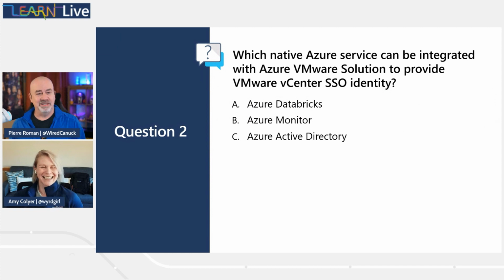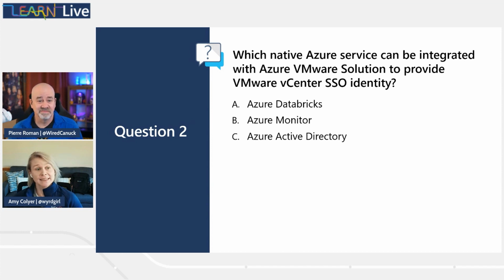Which native Azure service can be integrated with Azure VMware Solution to provide VMware vCenter SSO, single sign-on identity? Is it A, Azure Databricks, B, Azure Monitor, or C, Azure Active Directory? Well, I would think it's one of those services you mentioned, that you bring your environment in and then you're closer to Azure Active Directory to log in.